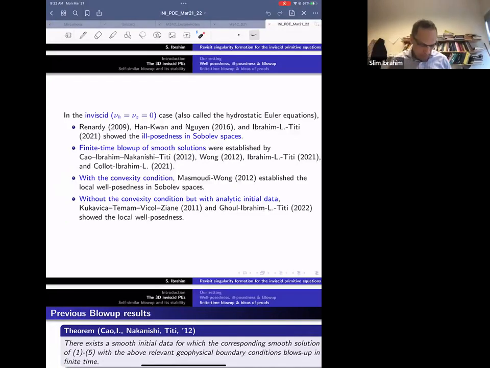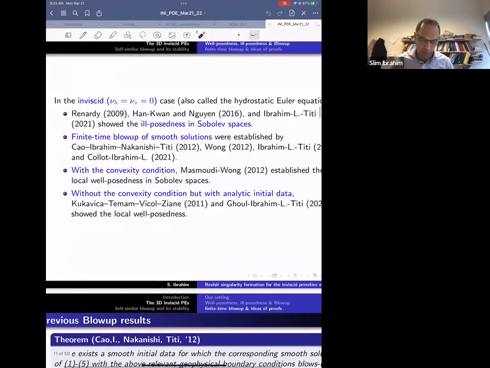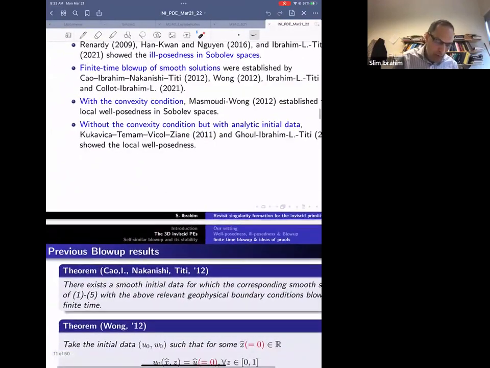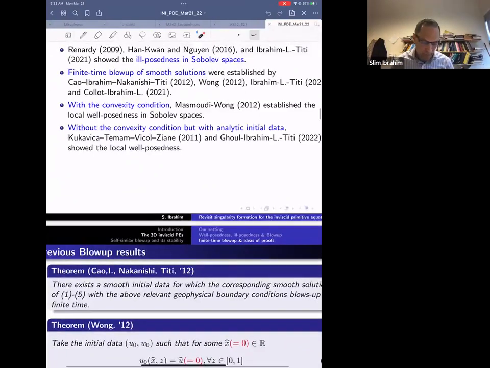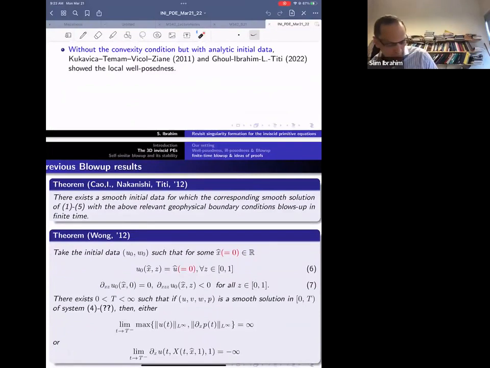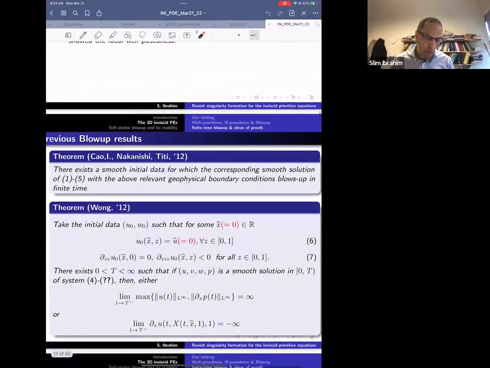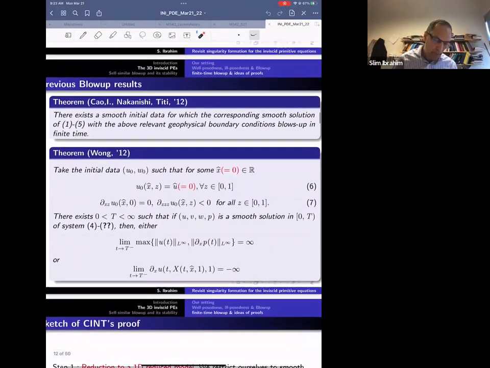Now let me be more specific, and I will focus on the finite time blow up for solutions to the inviscid primitive equation. I will summarize these two works, give you, roughly speaking, the idea of the proofs, and then a few comments on how to proceed after that.